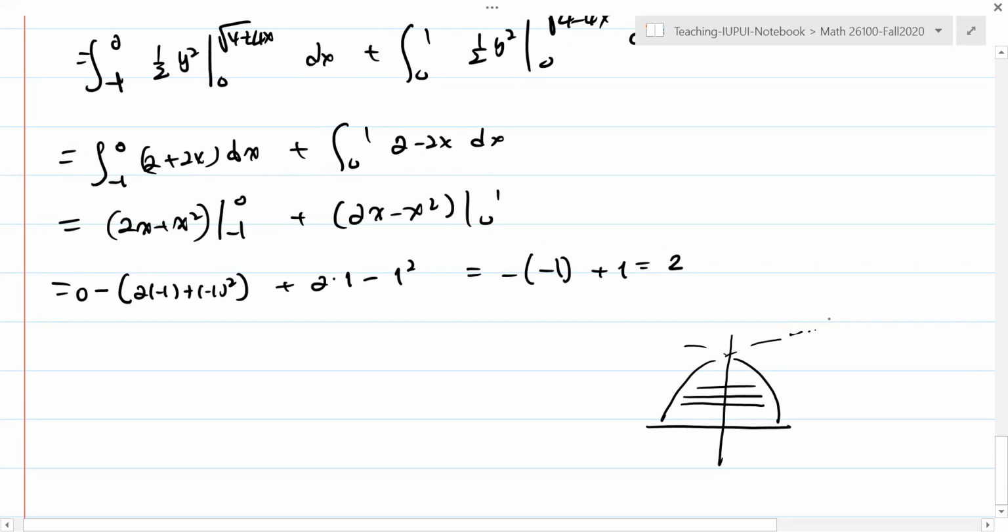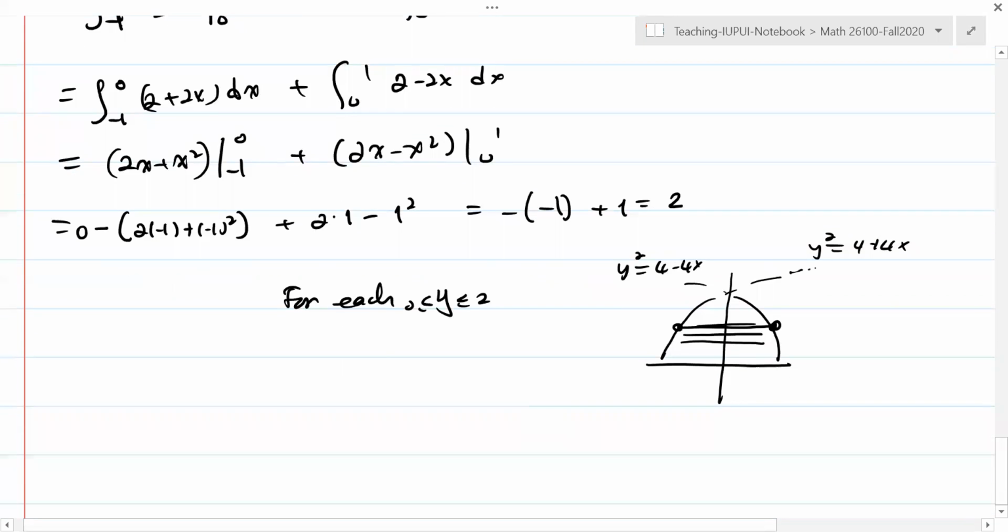So this equation here is y squared equals 4 plus 4x. That equation is y squared equals 4 minus 4x. Okay. All right. So now I'm going to do the following: for each y between 0 and 2, I want to get the upper bound for x and the lower bound for x.